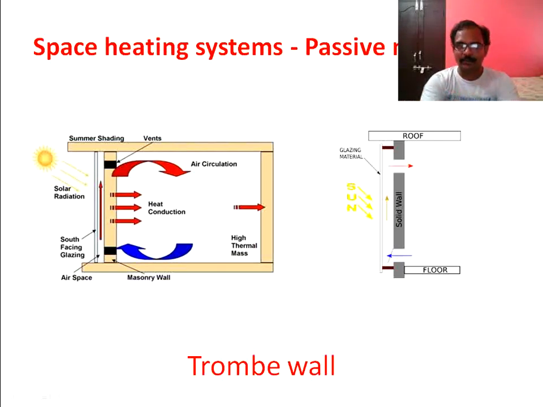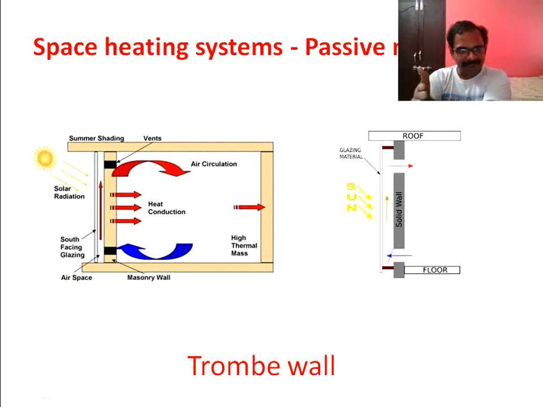Thereby the cool air inside the room will be forced downwards, and the hot air will be circulated throughout the entire room. This makes the cool air inside the room go downwards because of its higher density. This cool air coming downwards will see the lower vent, and it will pass through that lower vent.